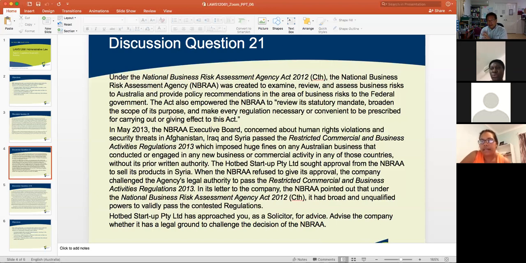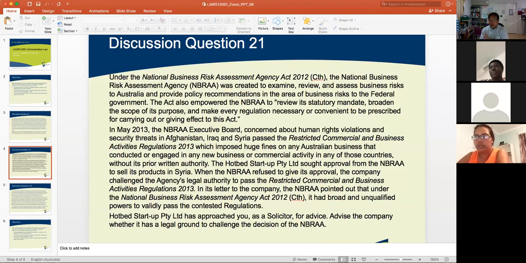So what the argument had been of the NBRAA was that it had broad and unqualified powers to validly pass the contested regulations, because the Act said that the NBRAA has the power to review its statutory mandate and broaden the scope of its purpose. So it seems that that is an umbrella power, an overly broad power that has been vested in the NBRAA by the law.